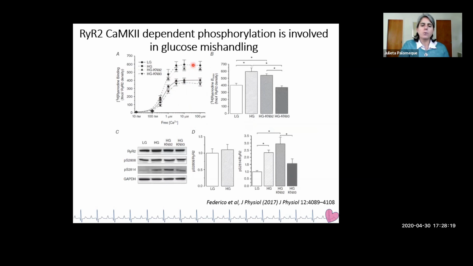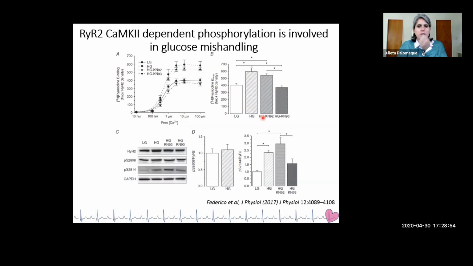When we check the ryanodine activity by ryanodine binding assays, we can see that the high glucose conditions make the receptor more active, and this is the overall result of the maximal activity of the receptors. And here you can see that there is a greater activity of the receptor under high glucose conditions.